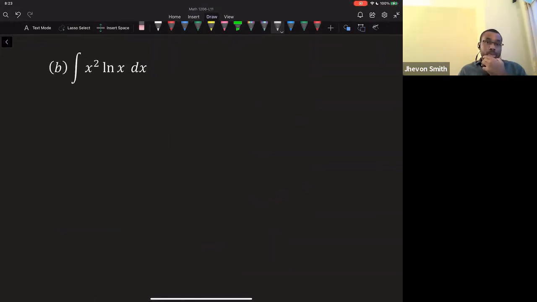So say you have this one, x squared times ln x. Now, again, every single time, and this is going to help you a lot in Calc 2 as well, don't just think of approaching any integral completely randomly. Like even with limits in this class, I gave you guys a strategy, what to look at first, second, third.